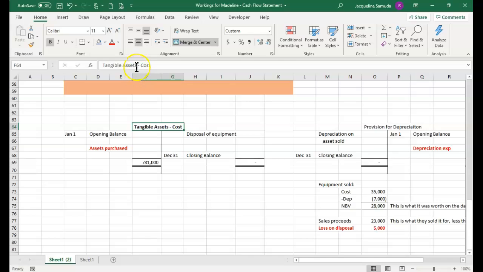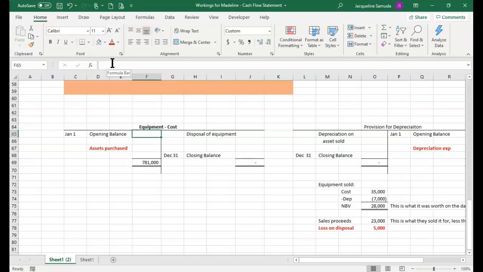So I'm just going to change this to equipment, because when I look in the statement of financial position, there is no tangible assets like we had in class. They had two assets clearly stated. One was building and one was equipment.